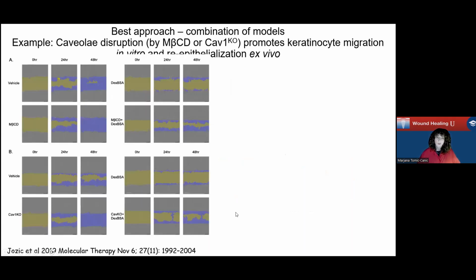To test this, obviously we started with an in vitro model where we did scratches and blocked caveolin by methyl beta cyclodextrin, or knocked out caveolin from the cells, again showing the differences in migration.